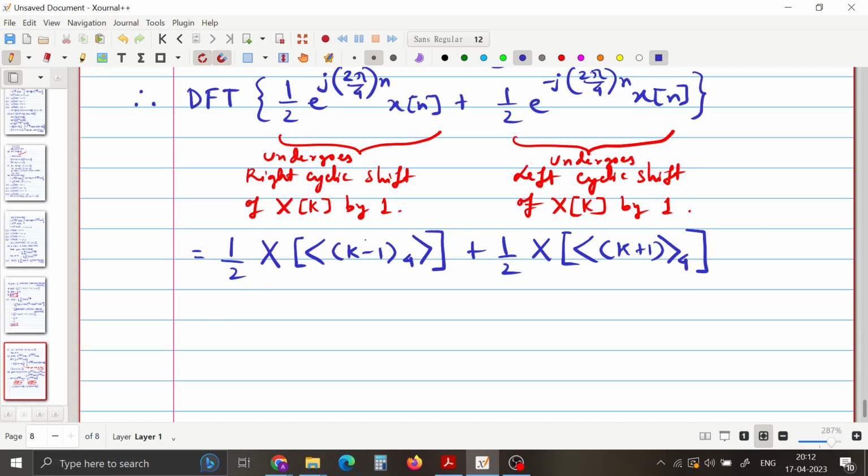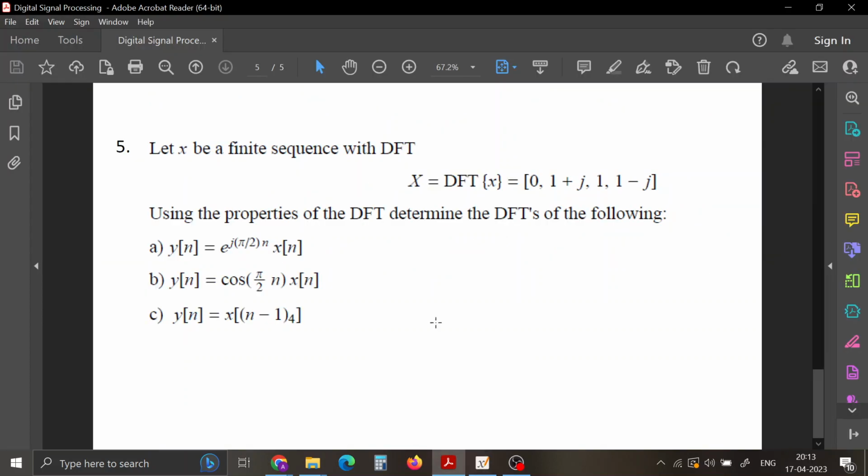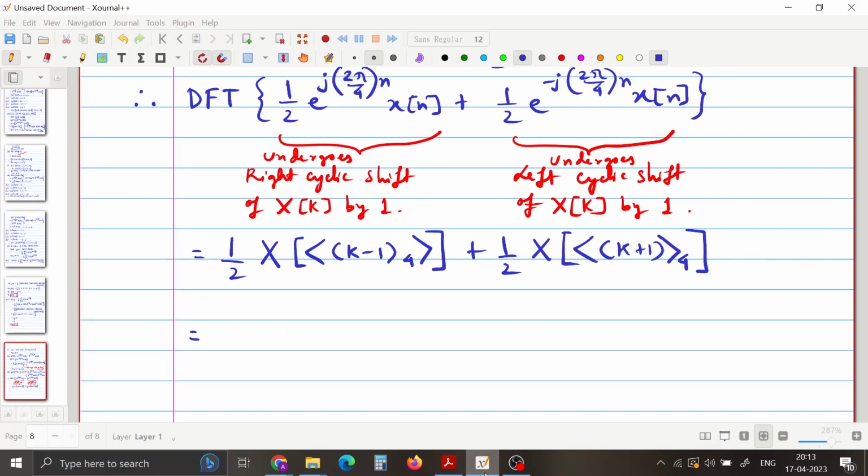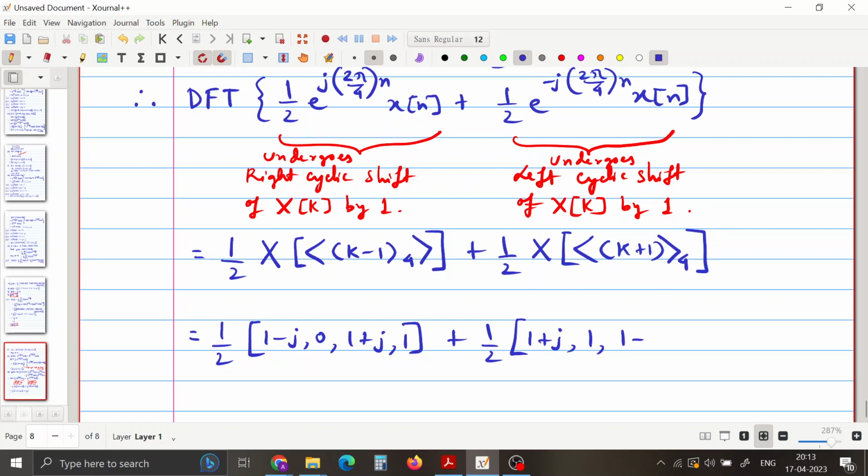So again, if you do the right cyclic shift of the DFT sequence X of k, which is 0, 1 plus j, 1, 1 minus j, you will get, this half factor is there anyway, 1 minus j, 0, 1 plus j, 1, and on doing the left cyclic shift you will get 1 plus j, 1, 1 minus j, 0.